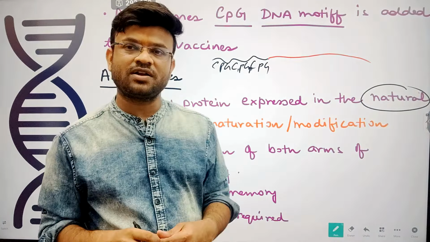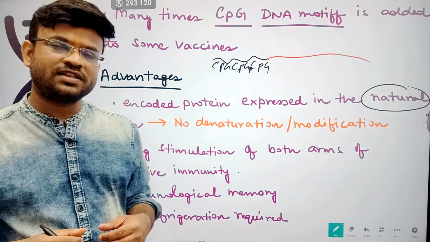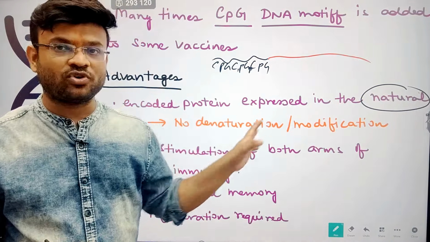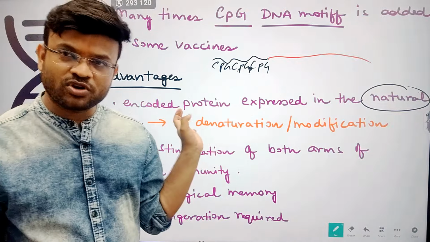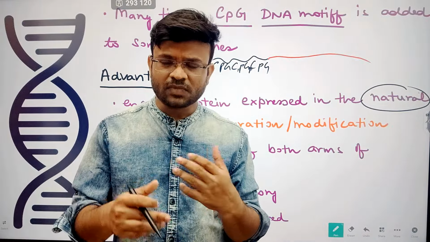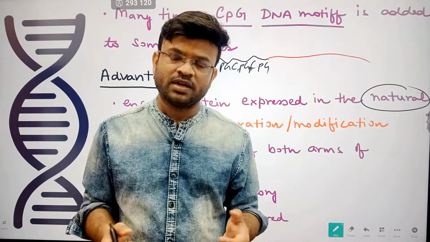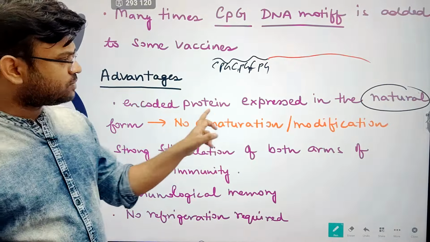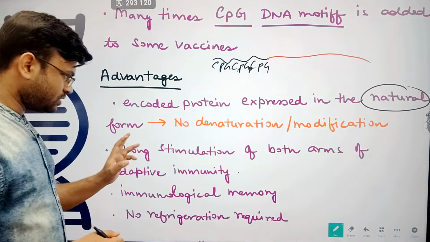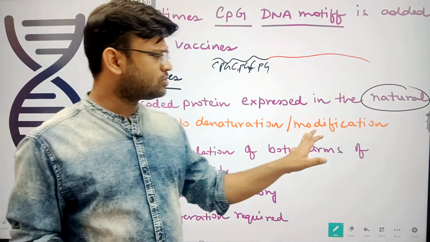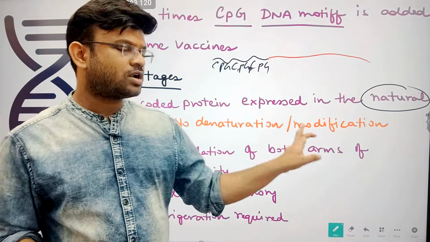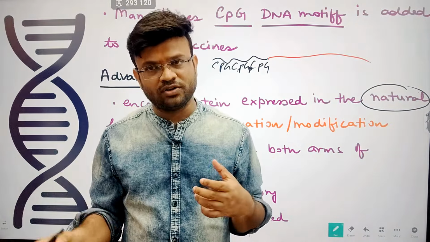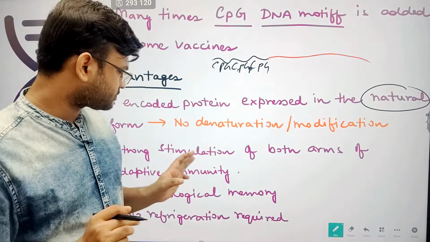In the form that they are present naturally, in the form that they are produced naturally by the bacteria or pathogen. That would be directly produced over here, and because of that, the response would be very quick and very efficient, right? So encoded proteins are expressed in the natural form. So no denaturation or modification is involved over here. We have created no modification or denaturation of the DNA.